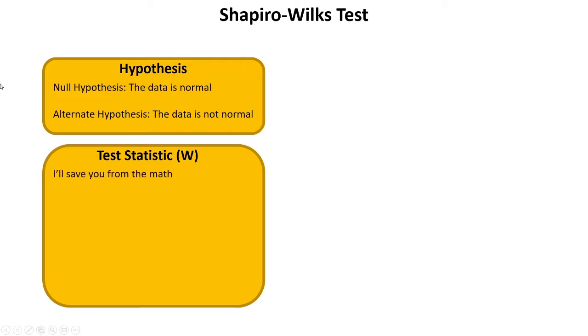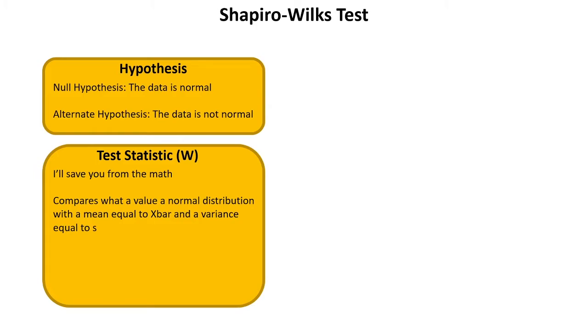I'm going to spare you the math of this particular test statistic, though we might cover some others in the future. But conceptually, it compares a value of a normal distribution that has a mean equal to your mean and a variance equal to your variance to whatever that should be in your data, right? So it's essentially like each point in the QQ plot, it sees how far that is from the one-to-one line.